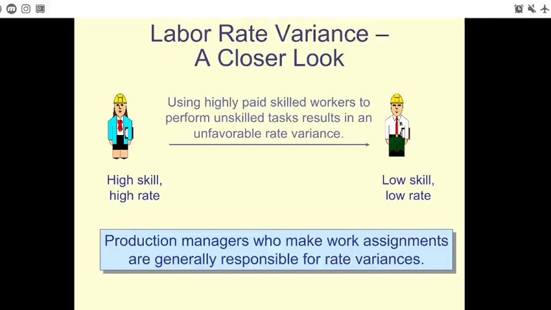Let's say you have a factory, and the work has to be done by workers who have SPM only. So if you hire a factory worker that has a diploma or degree, then you have to pay more. Overqualified workers, you have to pay more. If you pay more, then the labor rate variance becomes unfavorable.